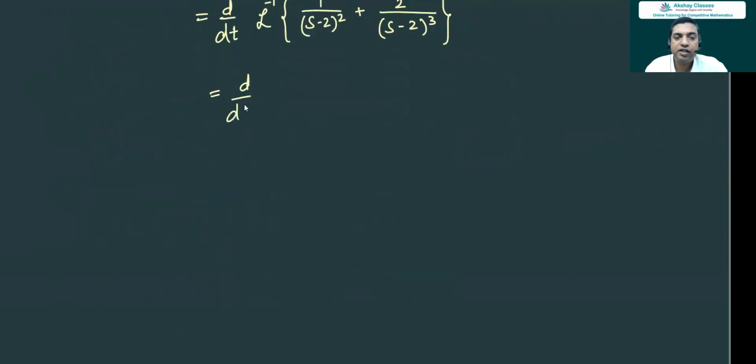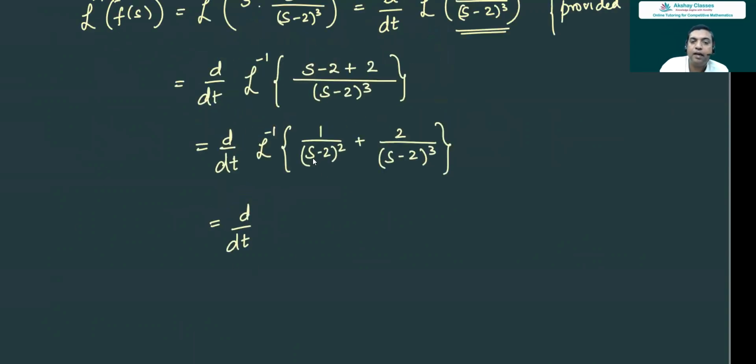So this is d upon dt of the Laplace inverse of 1 by s minus 2 the whole square, which will give me e power 2t into t power 1 by 1 factorial, plus 2 times e power 2t times, for s minus 2 the whole cube, t power 3 minus 1 by 3 minus 1 factorial.